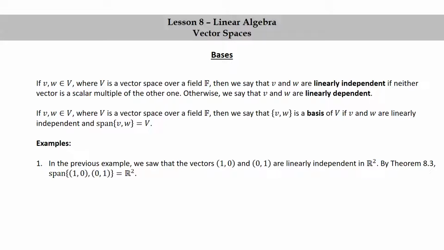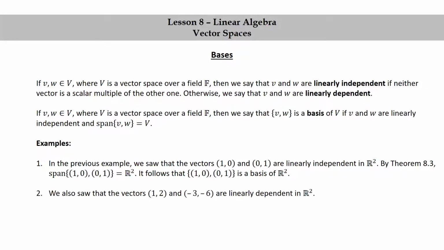By Theorem 8.3, the span of (1, 0), (0, 1) is equal to R2. It follows that the set consisting of the vectors (1, 0) and (0, 1) is a basis of R2. We also saw in that same example that the vectors (1, 2) and (-3, -6) are linearly dependent in R2. It follows that the set consisting of the vectors (1, 2) and (-3, -6) is not a basis of R2.